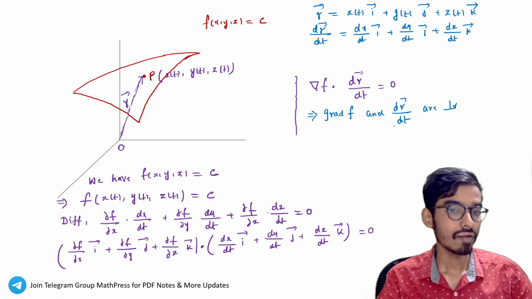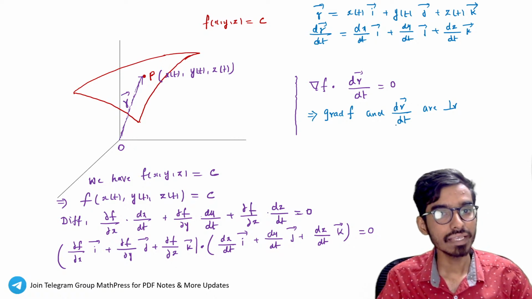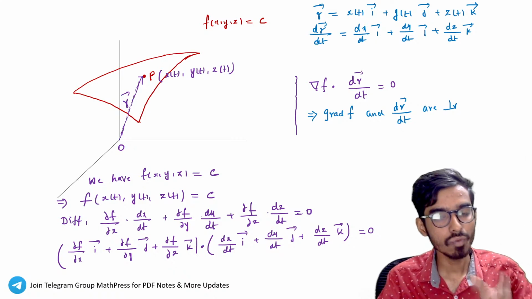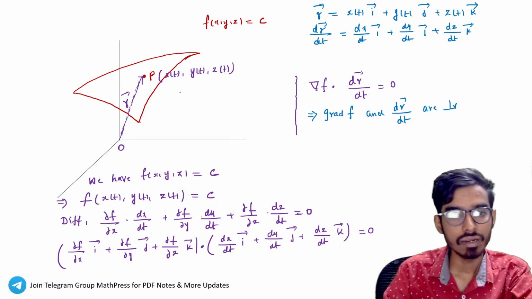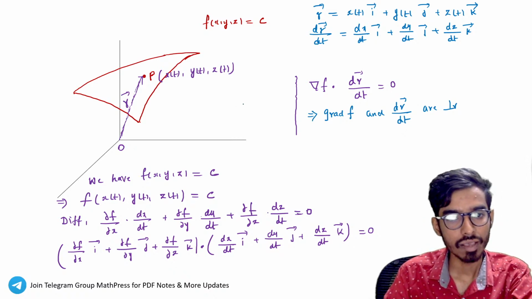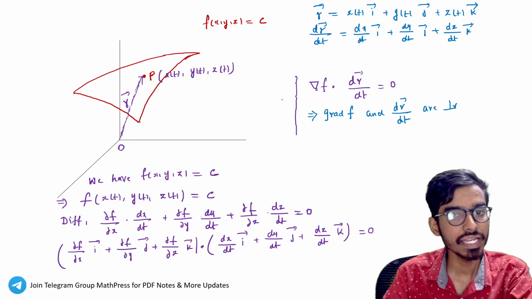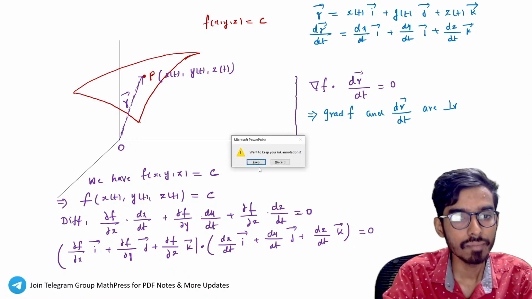Now, what is our aim? Our aim is to find the equation of the tangent plane. We haven't even come to that yet, but now we are going to. So let us draw this diagram once again. As of now, what we inferred is that grad f and dr/dt are perpendicular, right?